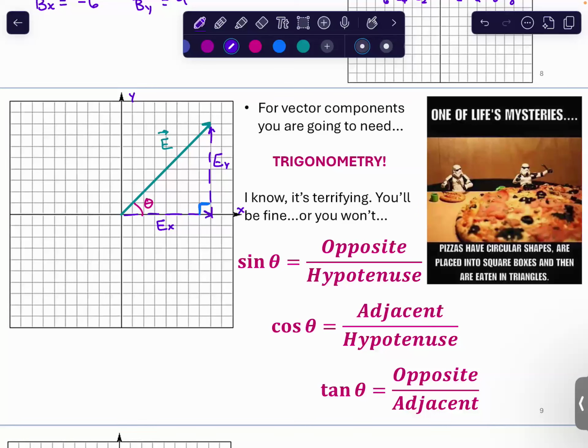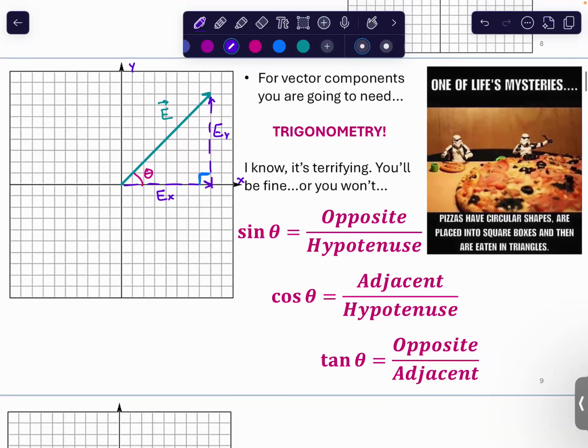Again, this will give you the generalized format for the vector component equation. Looking at the x component, which trig function do you think I want to use? Cosine. Why cosine? Because EX is adjacent to the angle theta. It touches the angle theta, so it's adjacent. Y is opposite the angle theta because it's diagonal.